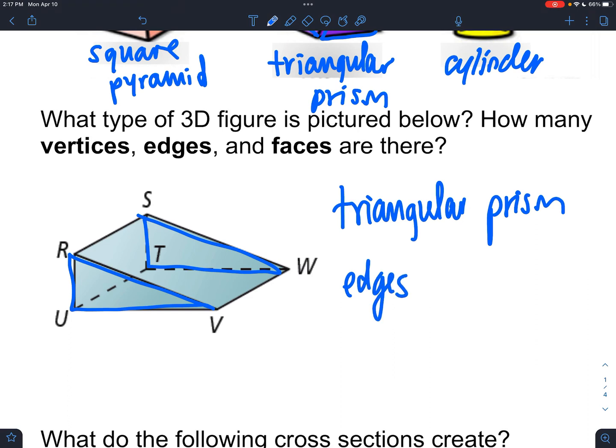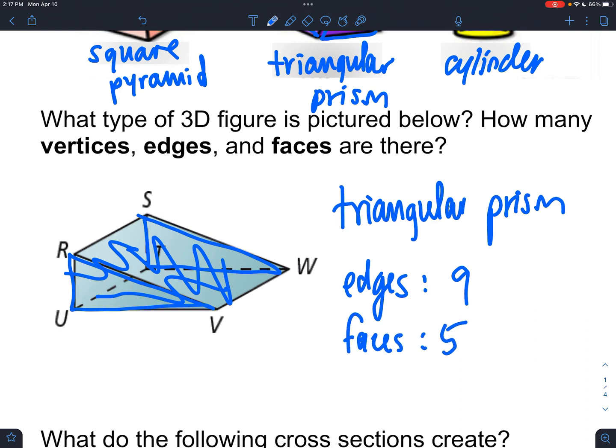So there's 9 edges in total. There are those 2 triangular faces, and there's also this face, and the face on the bottom. So there are 5 faces, and the vertices, or the points on this solid, are these 6.